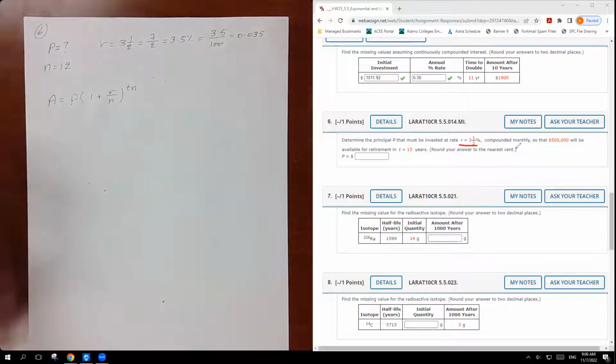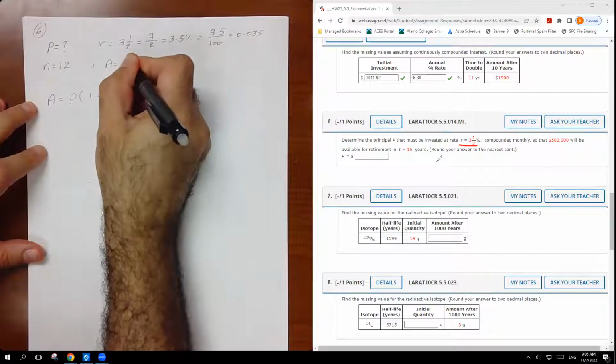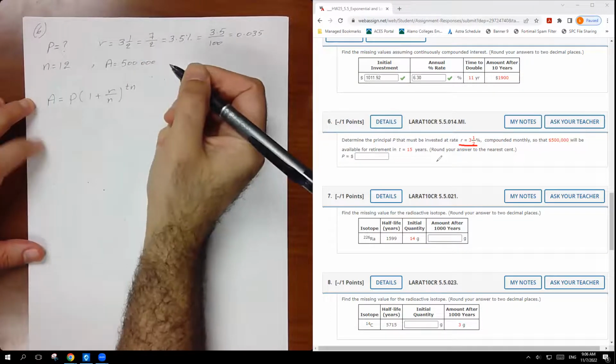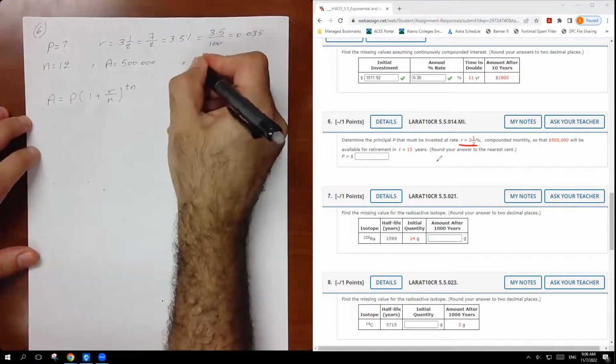If it's compounded monthly, quarterly, semi-annually, daily, you're going to use this formula. If it's compounded continuously, you're going to use the other formula. So that 500,000 will be available in the retirement. That means this is the future amount, which is A equals 500,000, which will be in the account after 15 years. So the time equals 15.